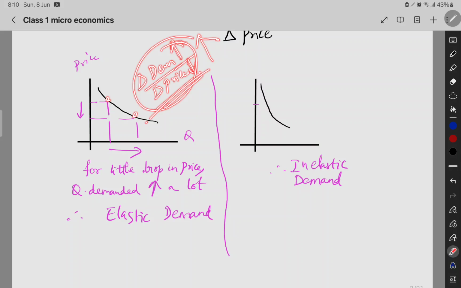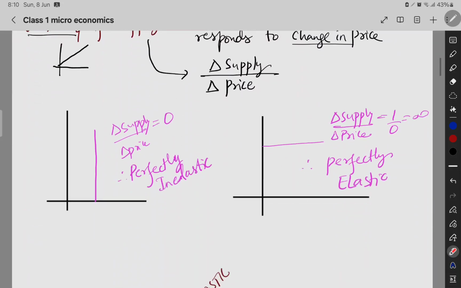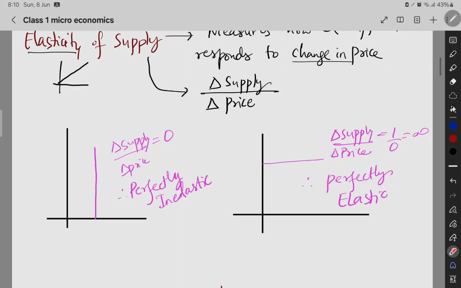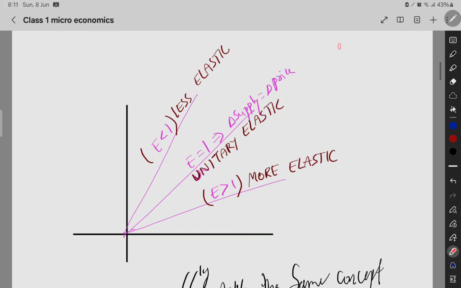Therefore, it is elastic, and here it is inelastic, the opposite case. So whether I need to find if a curve is elastic or inelastic, whether it is elastic supply or inelastic supply, all I need to do is check the formula. Okay, I hope you are clear with the difference between elastic and inelastic.